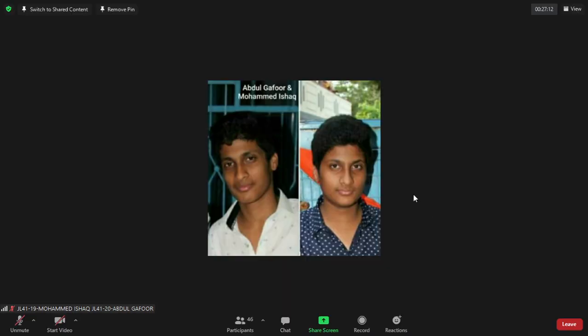Fluorine, chlorine, bromine, iodine all have 7 electrons. How can I arrange 7 electrons? 1, 2, 3, 4, 5, 6, 7. It means there are 2 lone pairs. Here is a lone pair. Let us use this color for lone pair. Here is a lone pair.